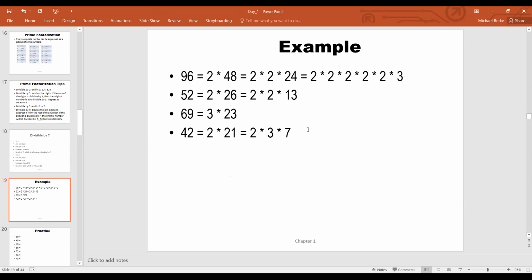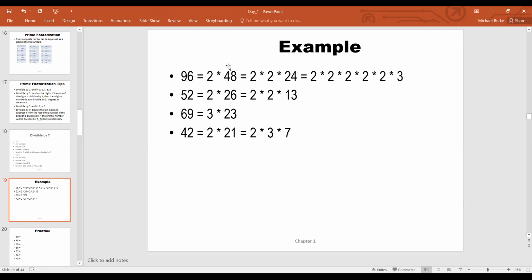Let's do some examples here of prime factorization. First off, when we factor, I'll go over this in class and show you a little table that can make it a little faster. Every number that is even, of course, you start by dividing by 2. You start with the lowest prime number that divides into the number. In this case, it's 2, so 2 times 48.